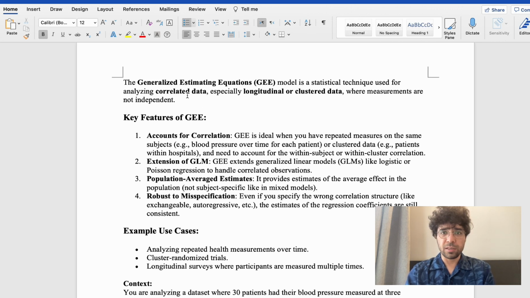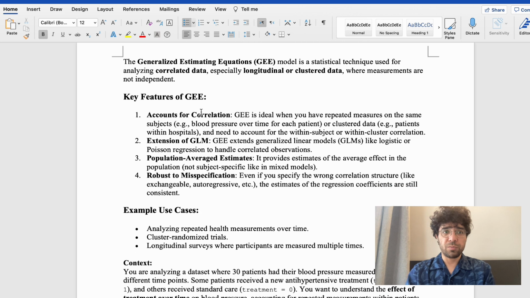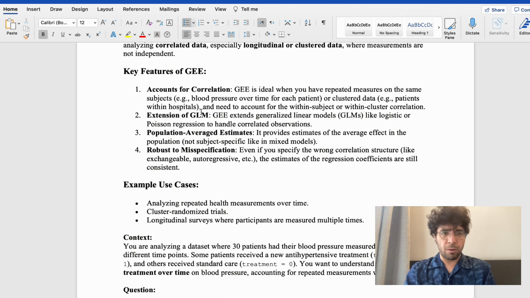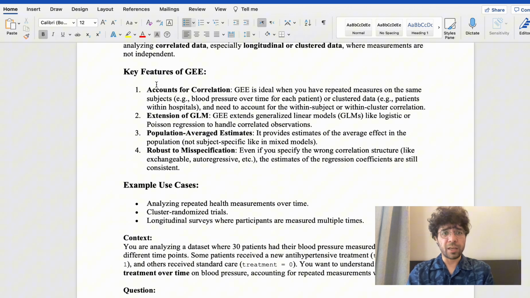This model is the technique used for analyzing correlated data, especially longitudinal or cluster data, where measurements are not independent. The GEE accounts for the correlation.